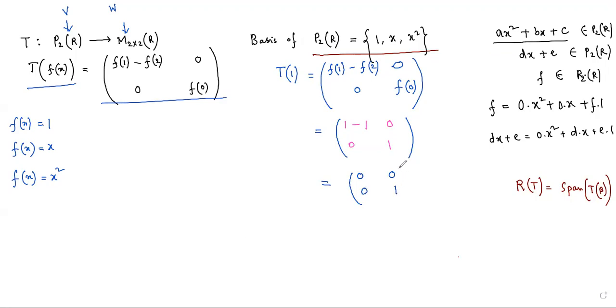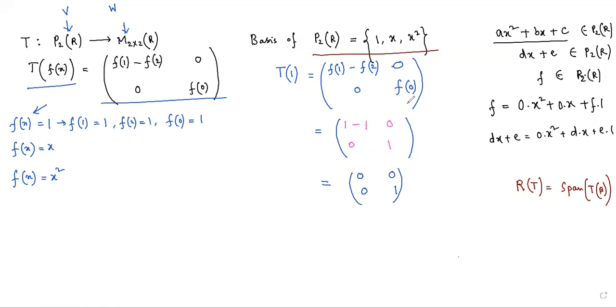This is the image of T1 under this transformation. Remember, this is my polynomial, and I am substituting 1, 2 and 0 in place of x. Here f of 1 is 1, f of 2 is 1, f of 0 is 1 under this function.